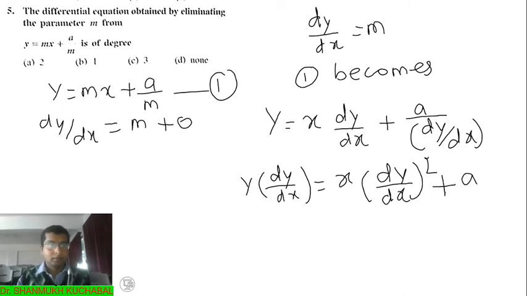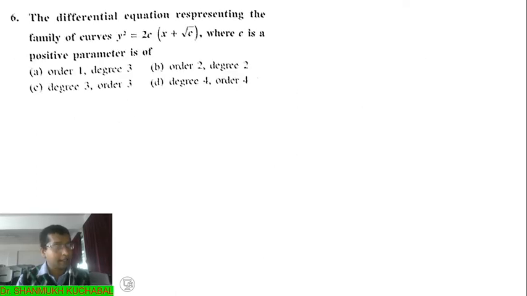So here the order is first order, dy by dx, and the degree is the power, which is 2. Therefore option A, 2, is the right answer. We'll move to the next example.